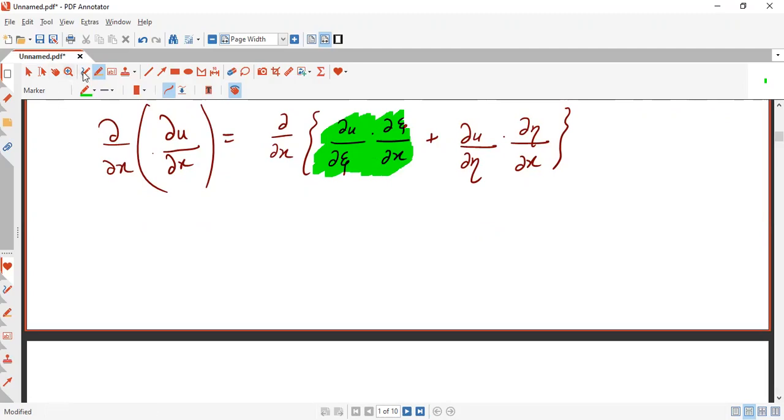If I talk about del u upon del xi, this del u upon del xi is a function of xi and eta and is a function of x and y. Okay. So what will happen? Let's talk about this, because there is this dot, that means there is this product. So we apply product rule. Del xi by del x as it is. What will we do?